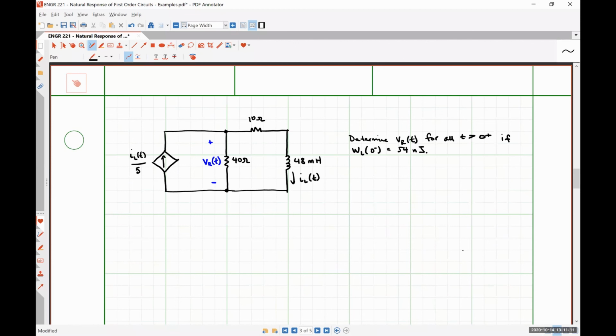So we need to take apart some of these different things and figure out exactly what's useful and what's going to be unnecessary. So let's start by trying to figure out how we're going to get our final expression for VR of t. I think that's a good place to start, is trying to figure out how we're going to get what we're actually looking for.